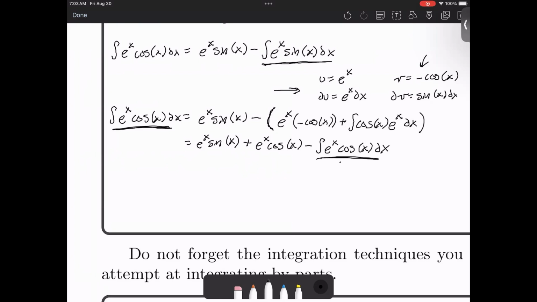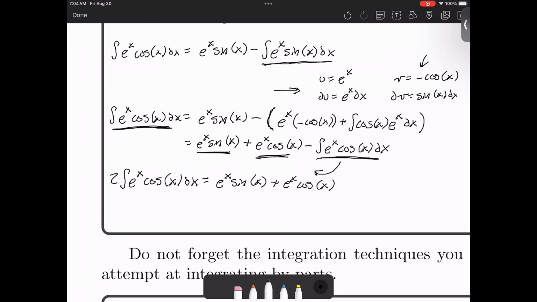So if I throw this over to the other side, I will have 2 integral e to the x cosine x dx is equal to e to the x sine of x plus e to the x cosine x.